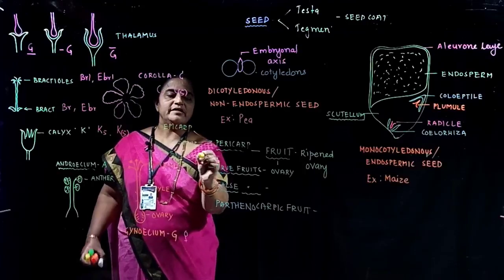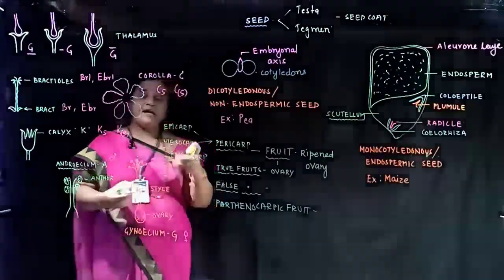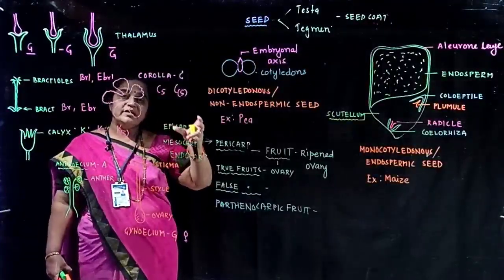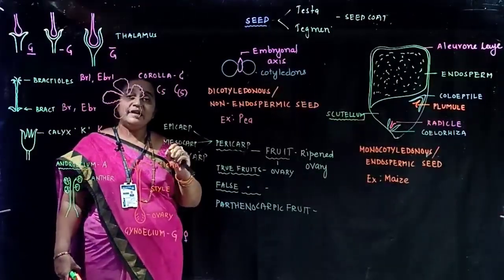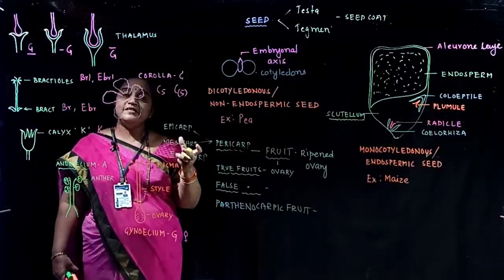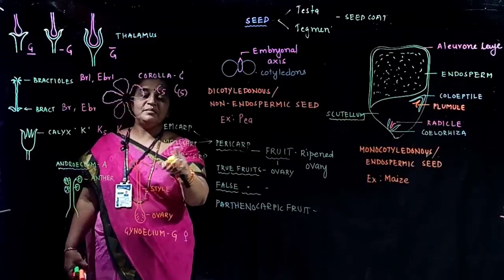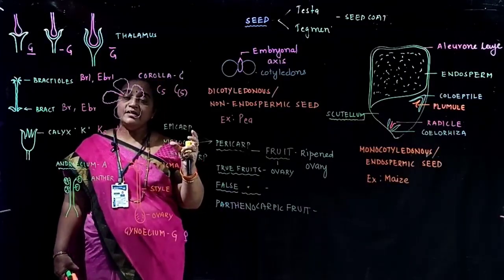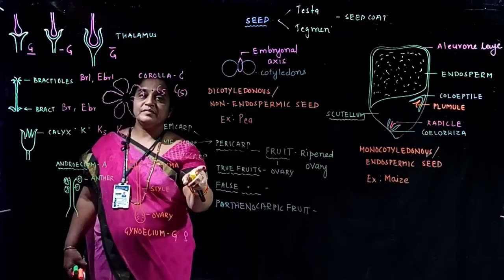Recall the example of mango. The ripened mango whose outer layer is leathery, which we are unable to eat, is the epicarp. The juicy, sweet, fleshy part is the mesocarp, and the hard part inside is the endocarp.